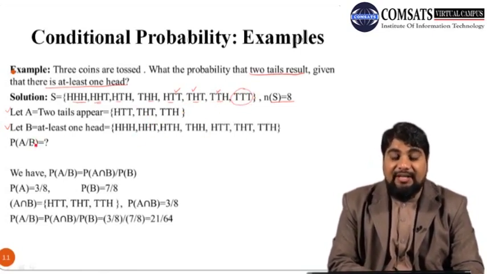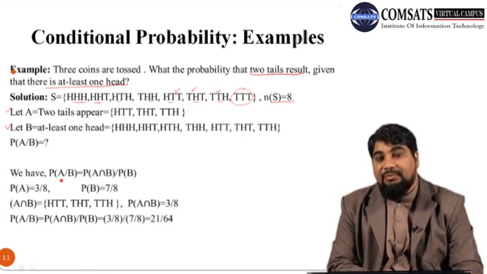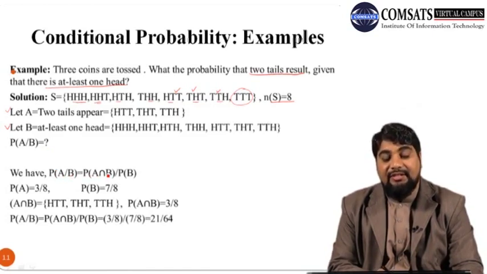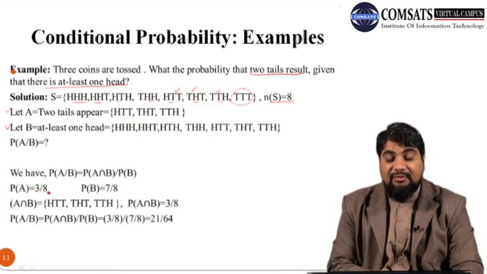We want to find A given B. So the probability of A given B is our required task. According to the conditional probability formula, the probability of A given B is the probability of A intersection B over the probability of B. In this case, the probability of A is 3 out of 8. The probability of B is 7 out of 8.